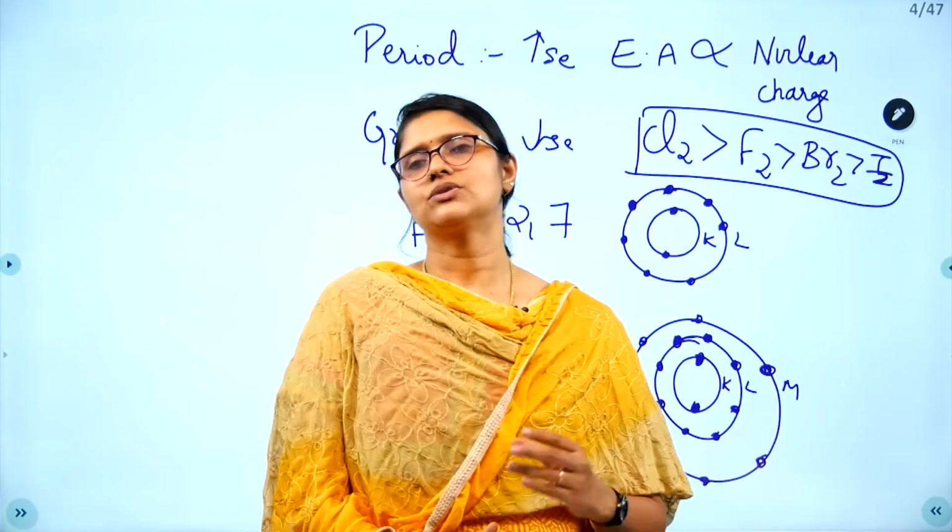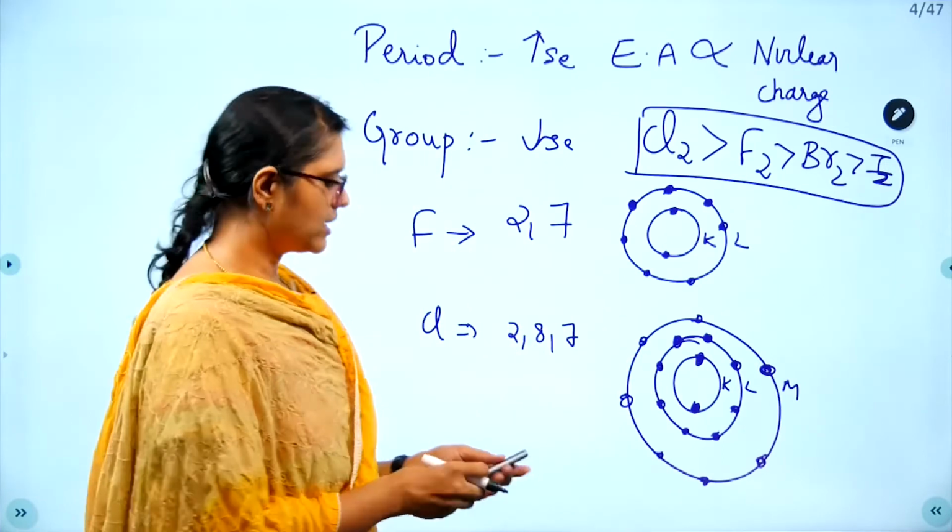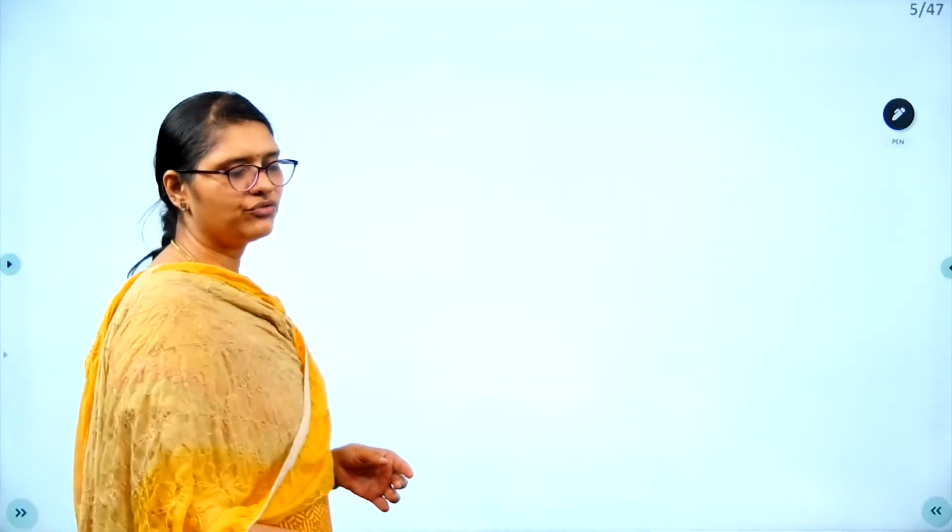You know that half-filled and fully filled configurations are more stable. So why would those elements having a stable configuration accept an electron? Just think and see. It can't.